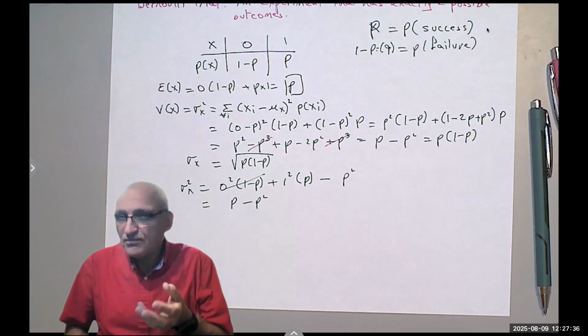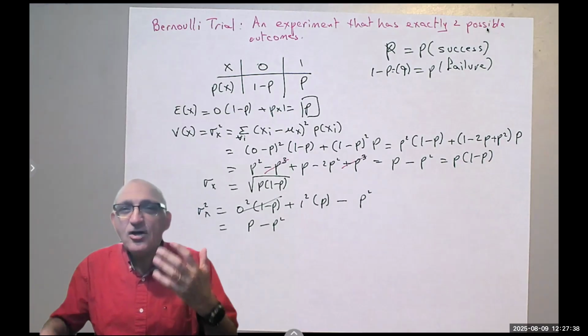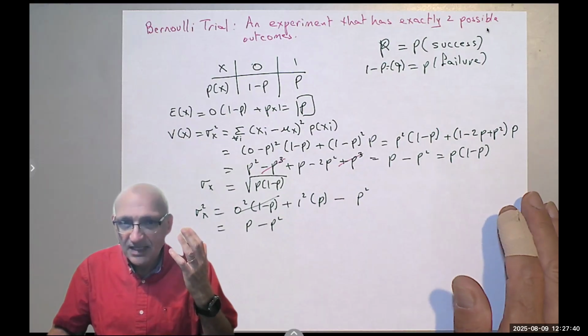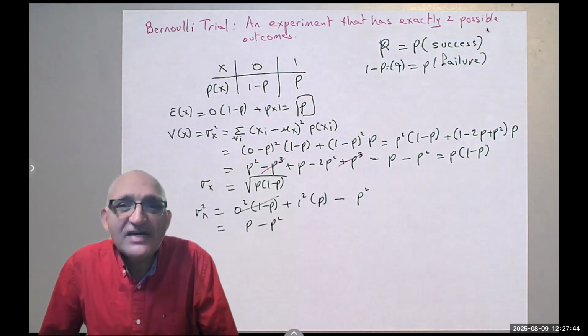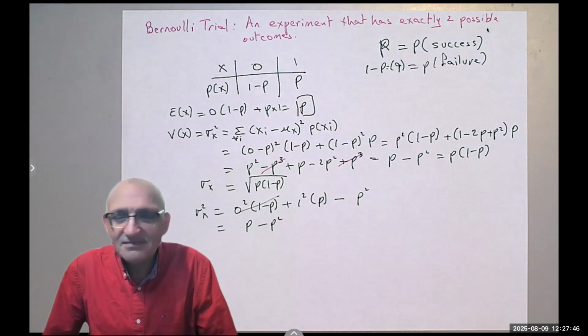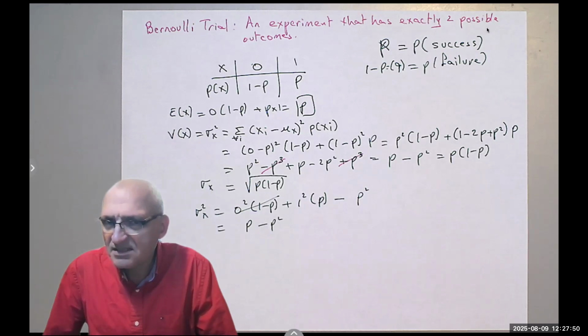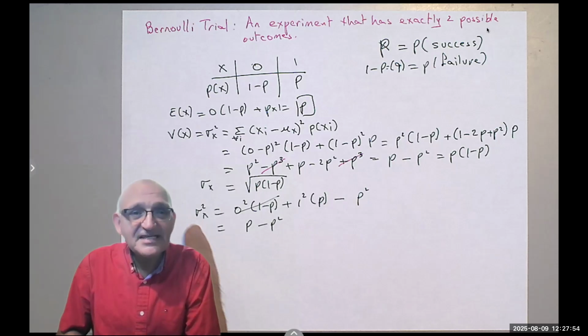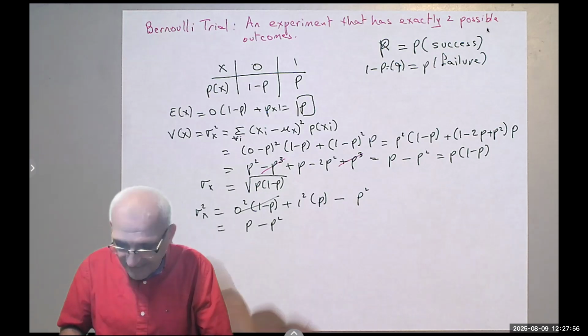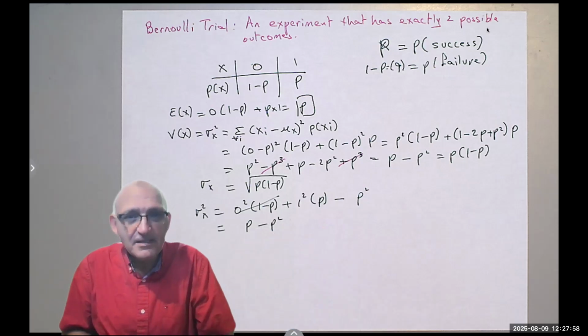This is a function of p. So a very common idea should come to your mind, and you say, what value of p would make the variance maximum? You say, oh my God, why are we talking calculus here? So if I take the derivative of sigma squared with respect to p, I get 1 minus twice p.